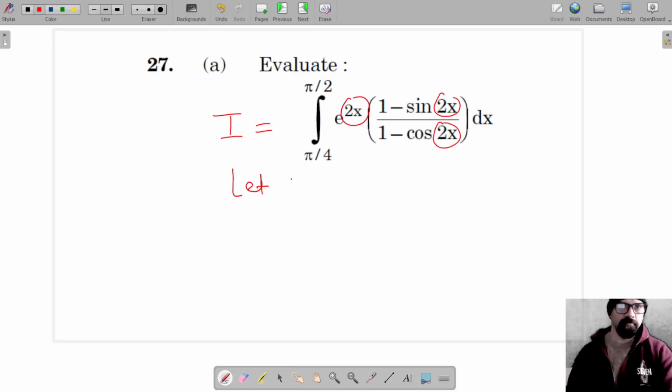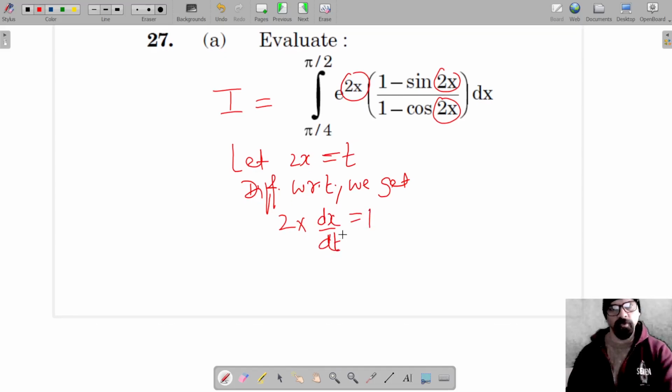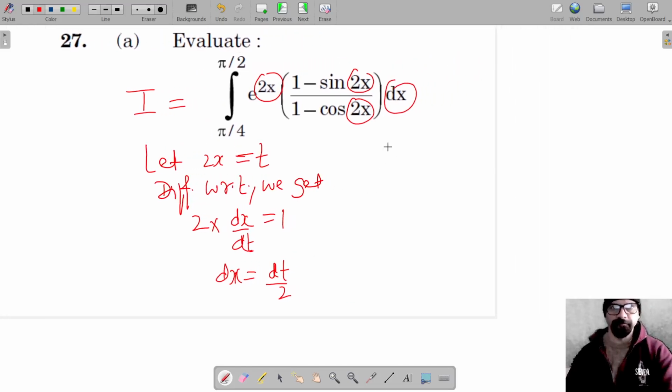Let 2x equal t, and we will find the new limits. Differentiating, dx by dt is equal to 1, which gives me dx equal to dt by 2. So I can replace this with dx by dt, and let's find out the new limits as well.